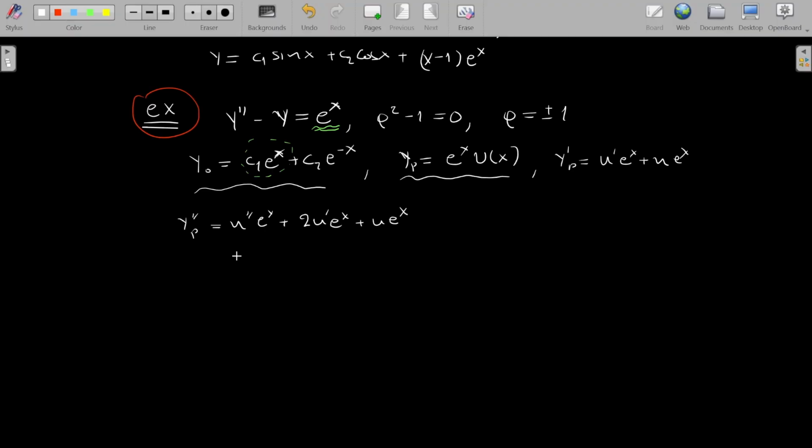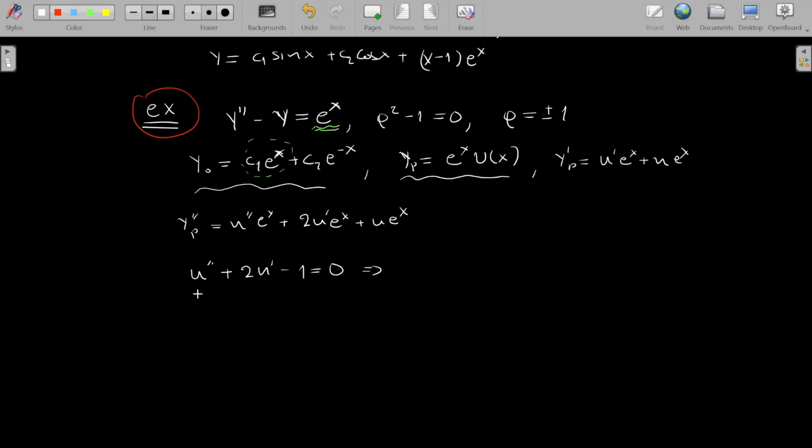So you get finally that u double prime plus 2u prime is equal to 1. And this is very easily solvable if we reduce the order in this way.